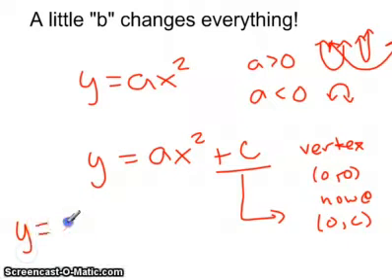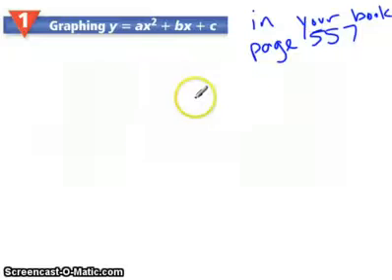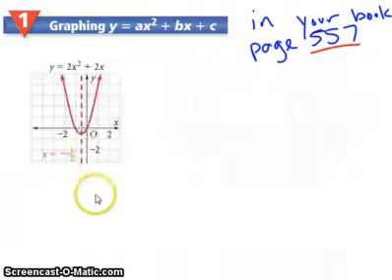So we're now going to look at the complete formula with the quadratic term and the linear term. Now you can follow along in your book, and you'll see a lot of the same things that I'm going to talk about. So typically this graph would be centered on the origin.